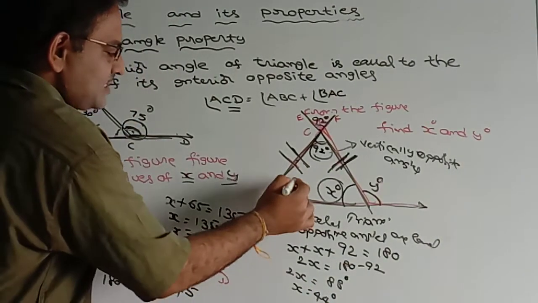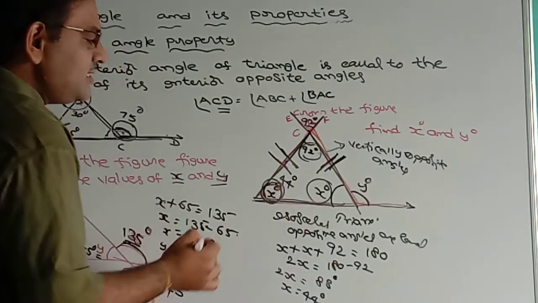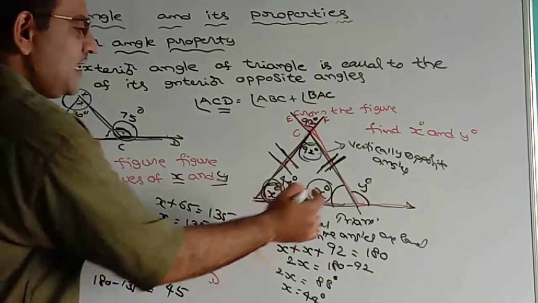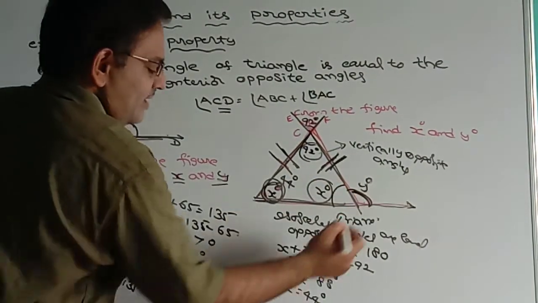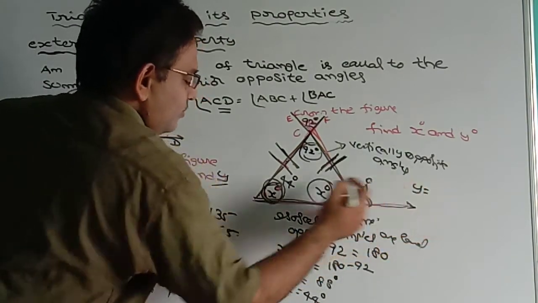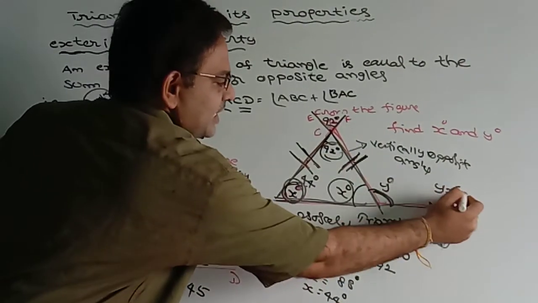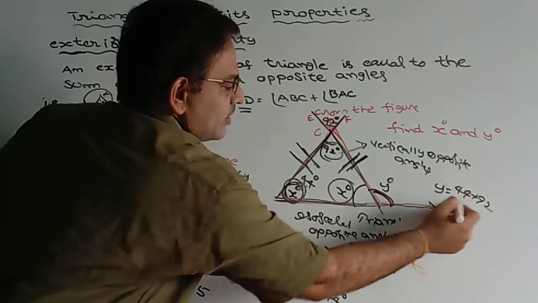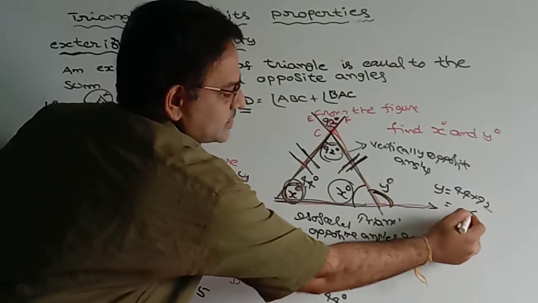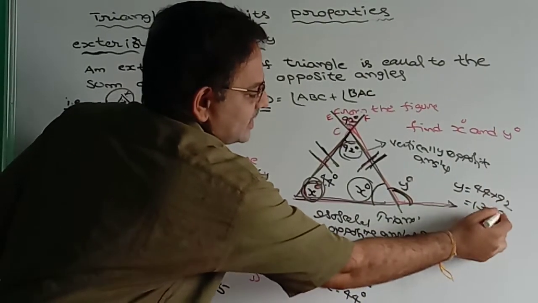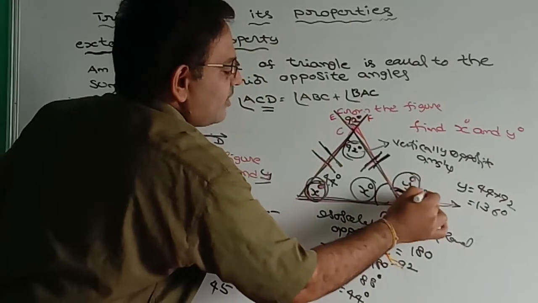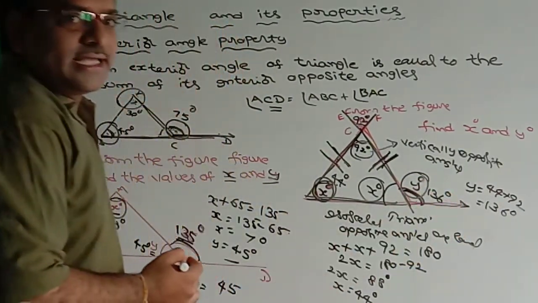So the x value is 44 degrees. This is the exterior angle. Exterior angle y equals 44 plus 92, that equals 136 degrees. So y equals 136 degrees.